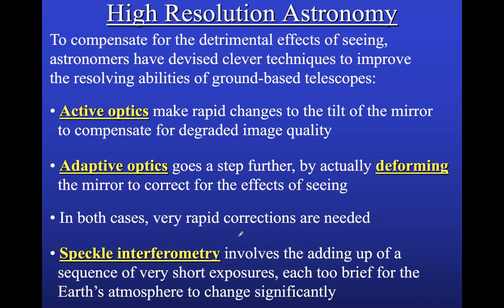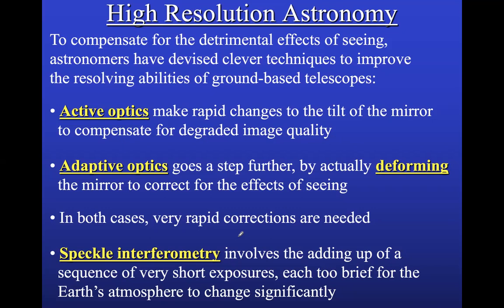And there is another method that we use, called speckle interferometry, which involves adding up a sequence of short exposures, each too brief for the Earth's atmosphere to change significantly. So you make only short exposure images.